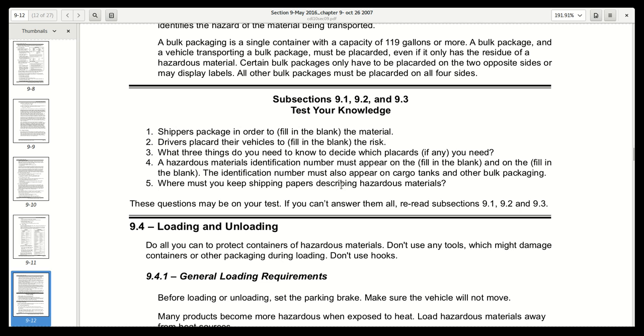The identification number must also appear on cargo tanks and other bulk packaging. Number 5, where must you keep shipping papers describing hazardous materials?